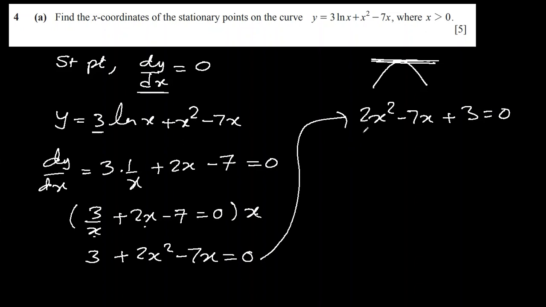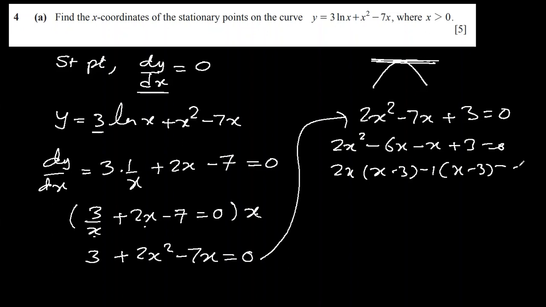You can use your calculator to find the values of x. Now I will use the factorizing method as usual. So this is how it will be. I am trying to factorize the whole of the left hand side. So these are the two factors I'm getting. 2x minus 1, x minus 3 equal to 0.